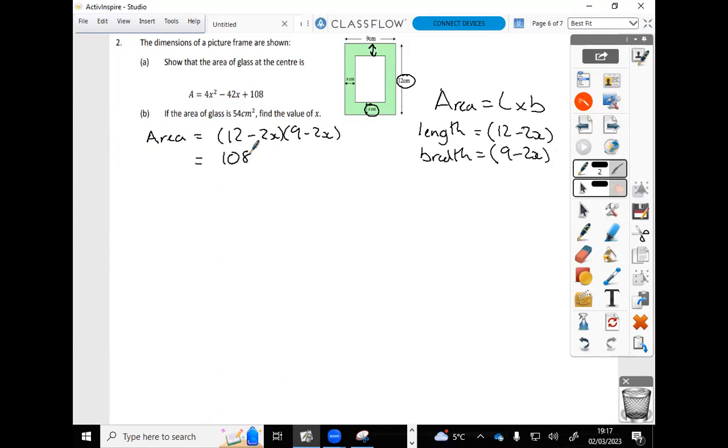Outside is minus 24x, minus 18x, and then plus 4x squared. Tidying that up, 108 minus 42x, is that right? Yep. Plus 4x squared, and then I'll just rearrange that. 4x squared minus 42x.